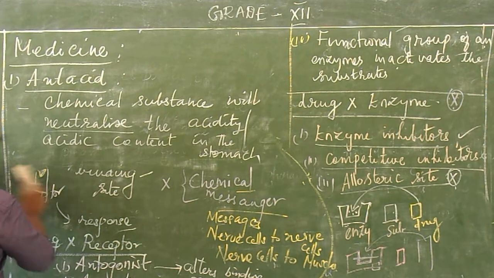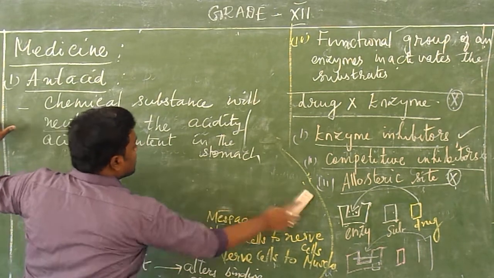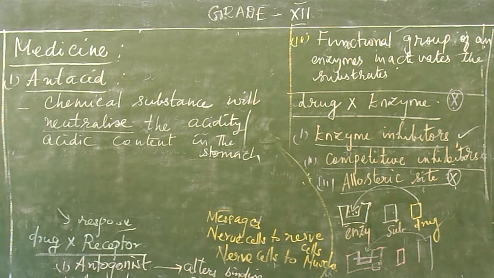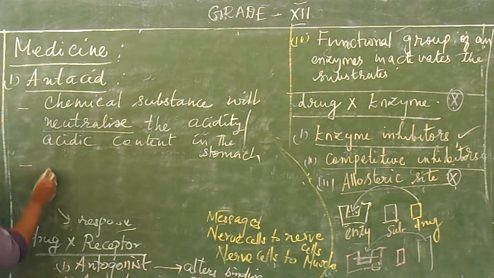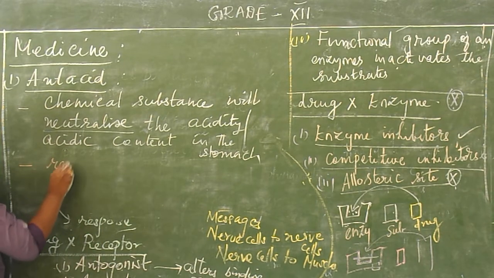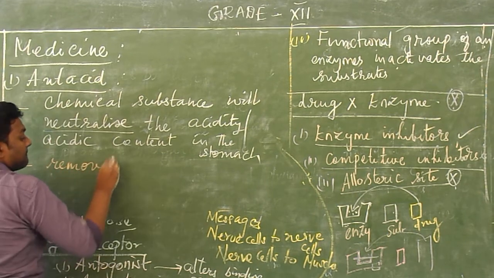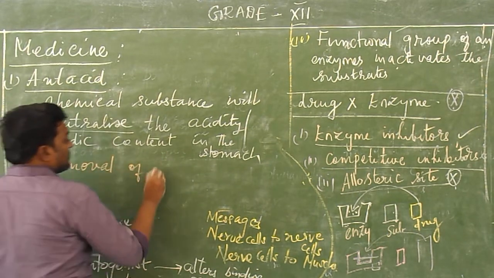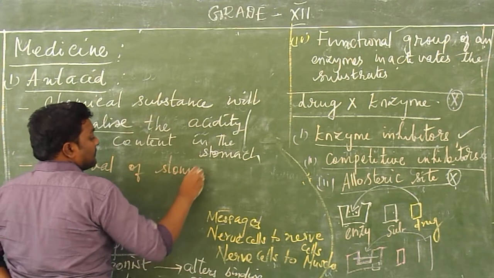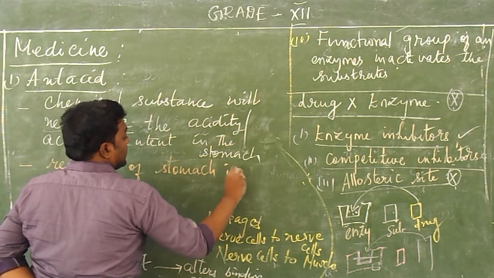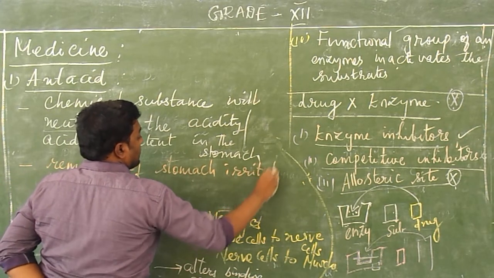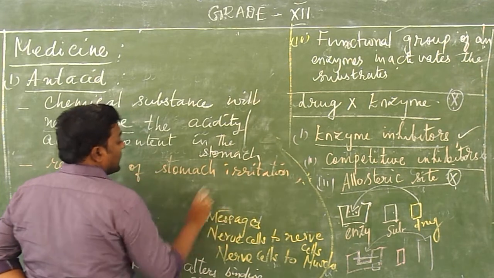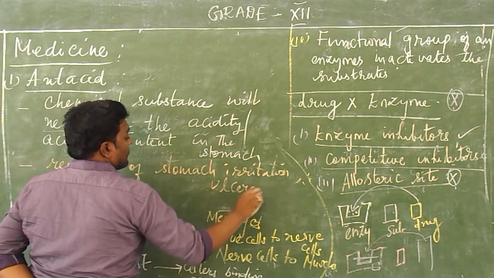So what are antacids? The antacids are chemical substances. That chemical substance will neutralize the acidity or otherwise acidic content in the stomach. So when the acidic content is neutralized, it results in the removal of stomach irritation, even ulceration.